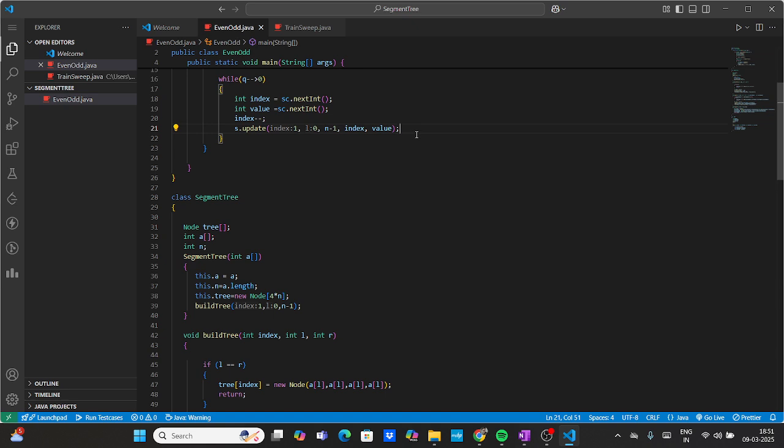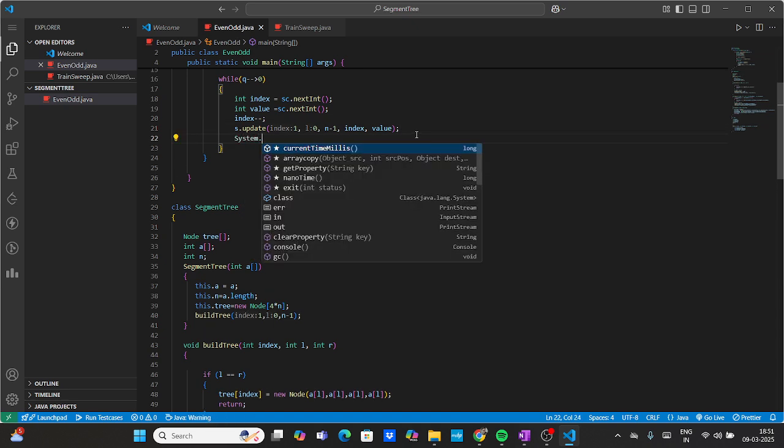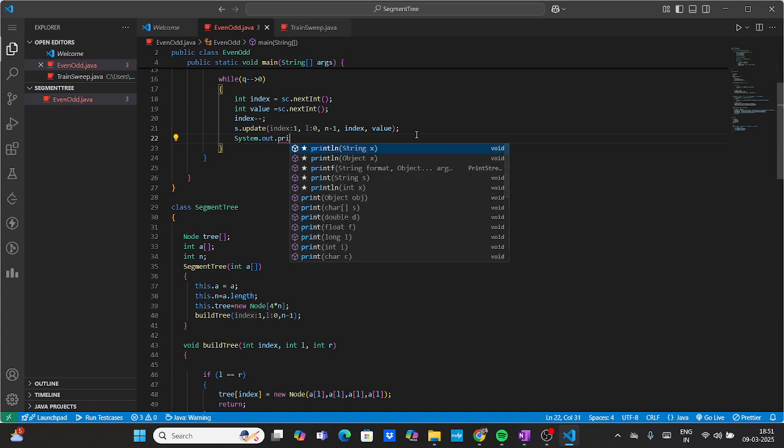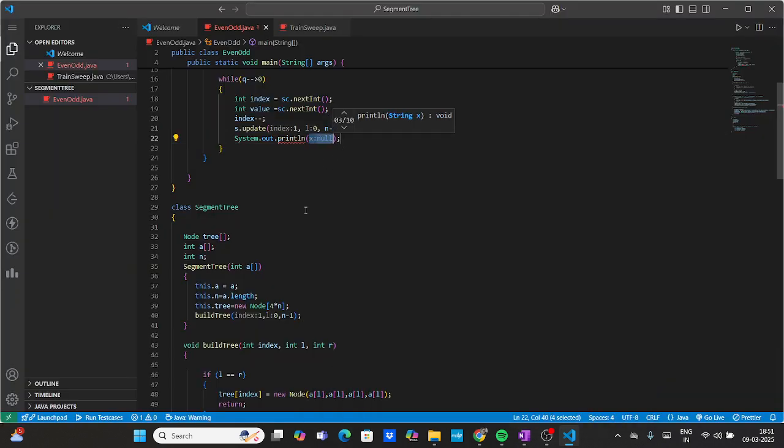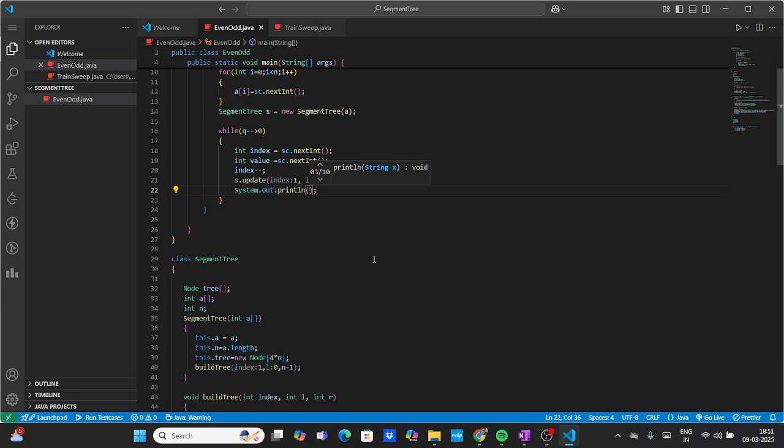Okay, once done, system dot out dot println, is it println or print ln? Can you tell me this? What should I write here? The root node.